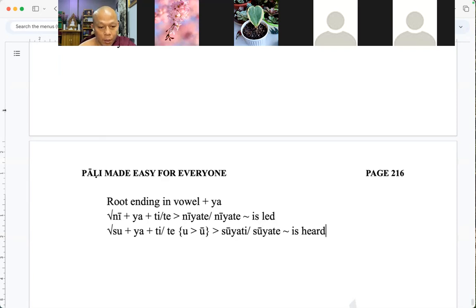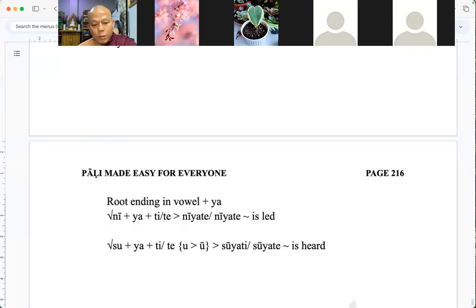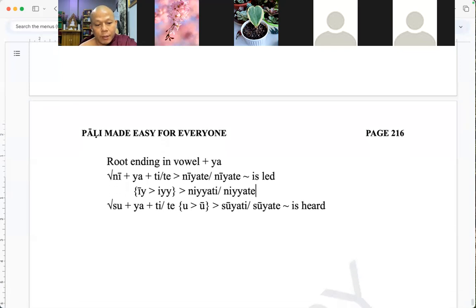There may be other special changes too. For example, here e-ya changes so that the long vowel becomes short and double: neyeti and neyeti.